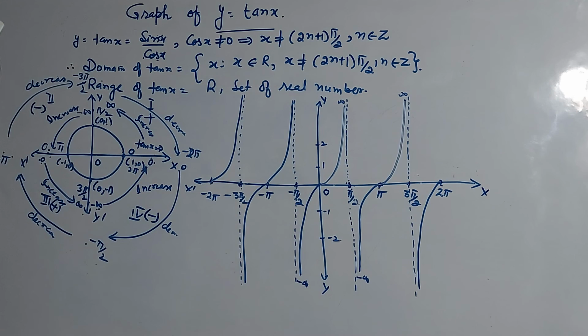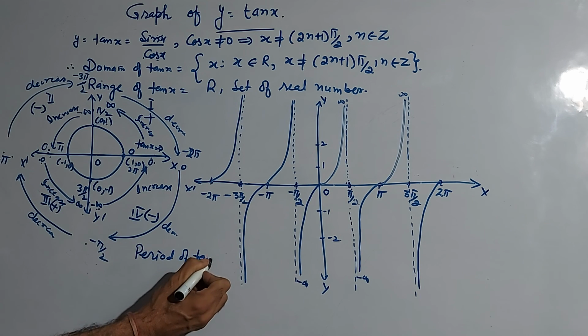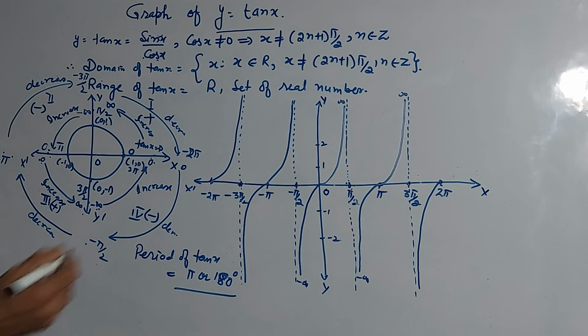After every 180 degrees, the values are the same. So we can say the period of tan x is pi, or 180 degrees.